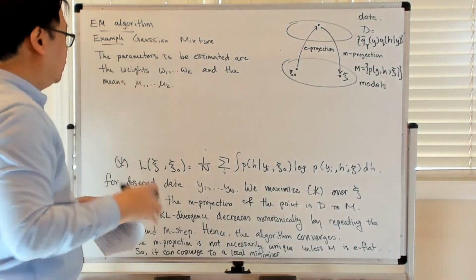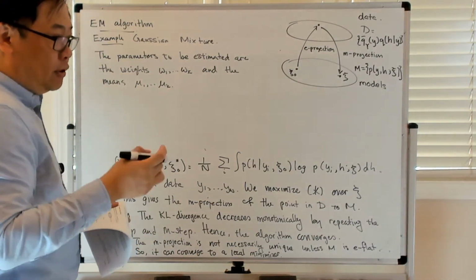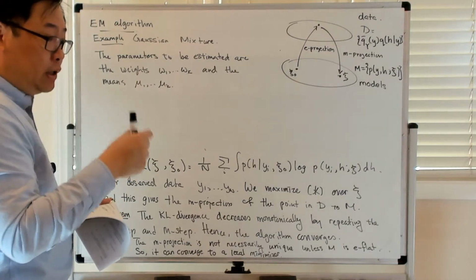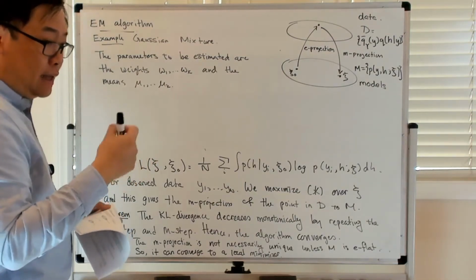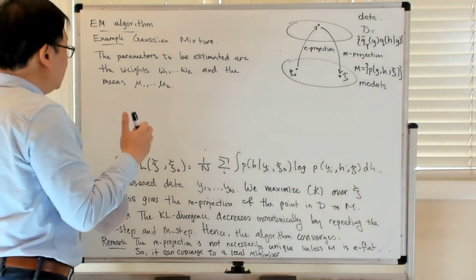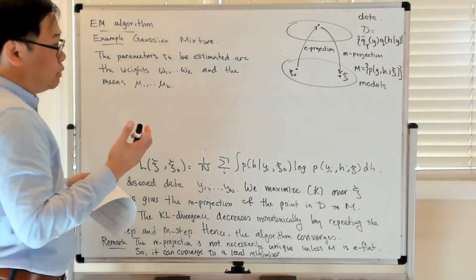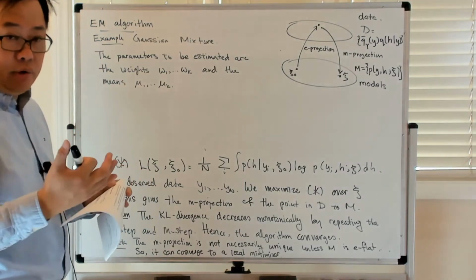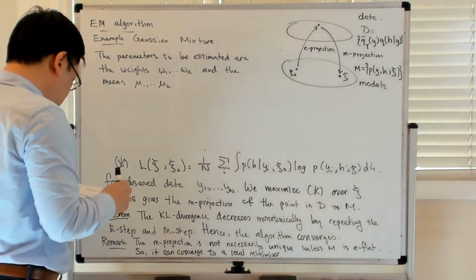If you recall, we thought of specifically which Gaussian you were taking a particular sample from as being a hidden variable. So that's how we formulated the Gaussian mixture problem as an estimation problem with hidden variables.